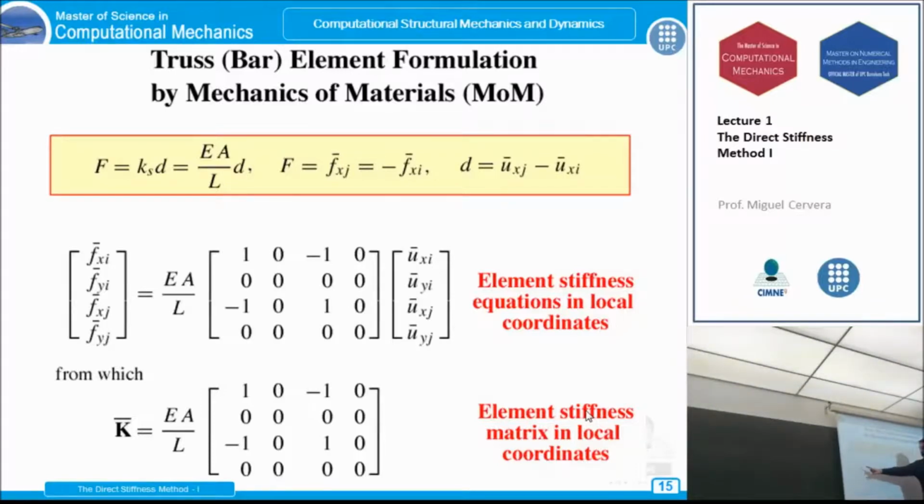For instance, Fxi is equal to EA/L times Uxi minus EA/L times Uxj. The vertical forces are 0. Now, this is the elemental stiffness matrix in the local axis. For this element, which is very simple, it takes a very simple form.